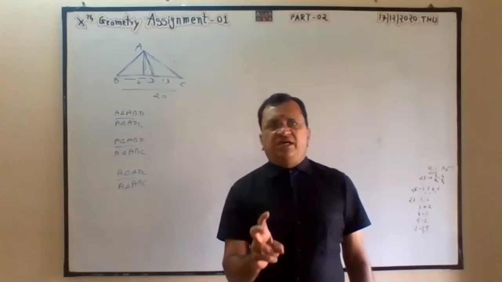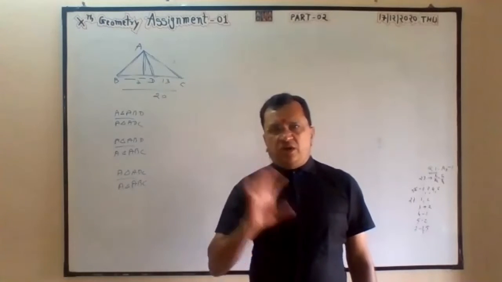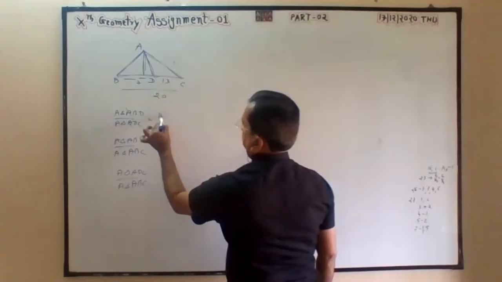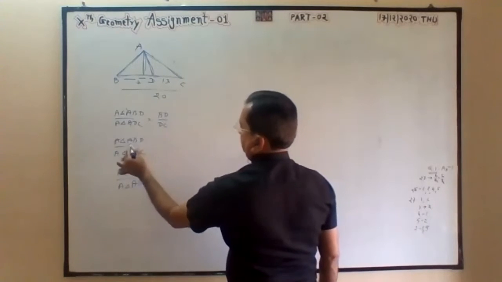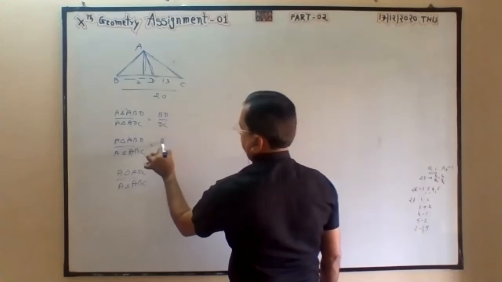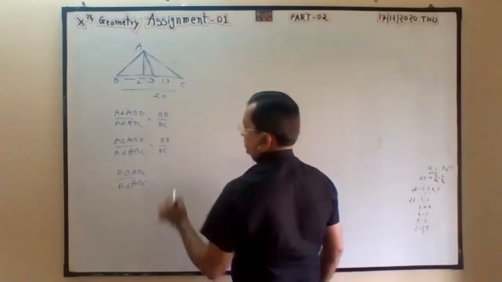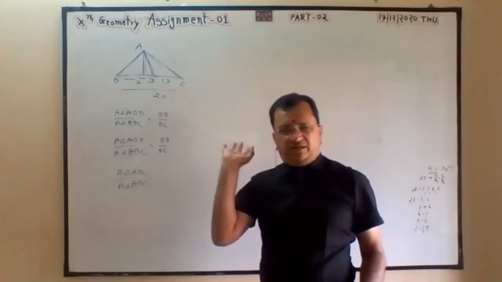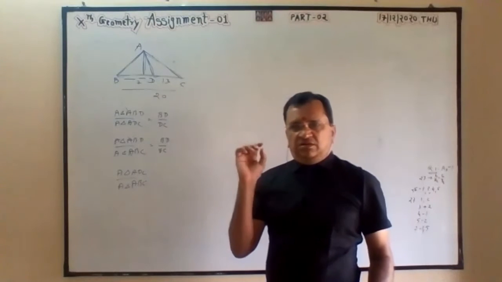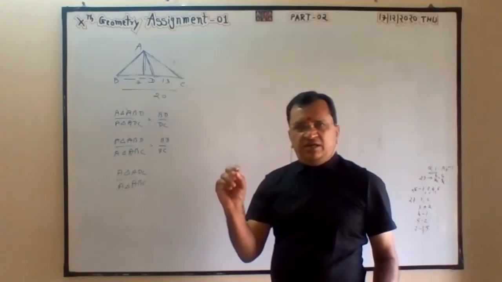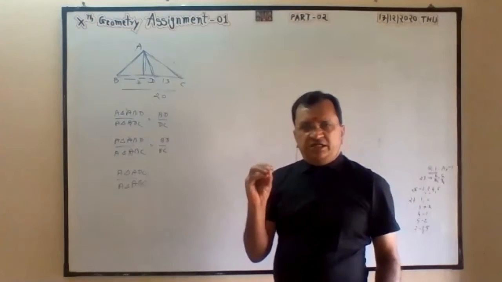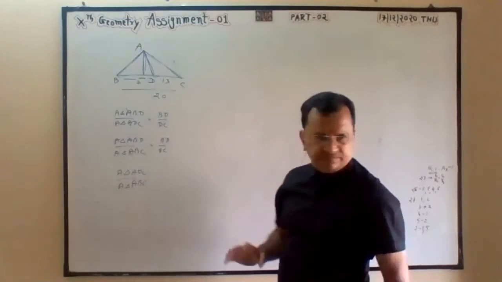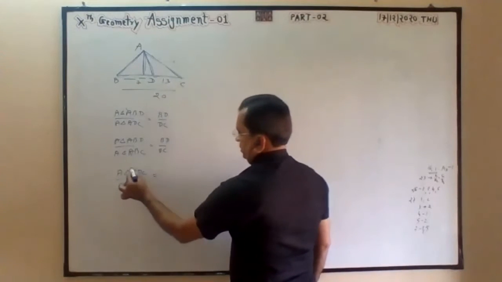So we will consider only these bases. Remove the AA, so it is BD by DC. It is not similar, so that's why I am not writing square. When heights are equal, the ratio of area is exactly equal to the ratio of the base. AA cancel.